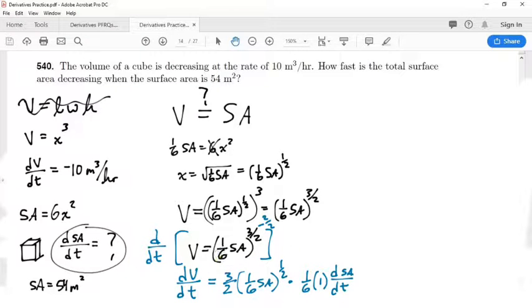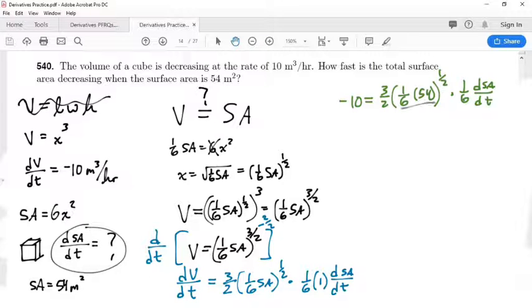All right, so let's plug everything in. We have negative 10 equals 3 over 2 times 1/6 times SA, which is 54, and then we take the square root of that. That's what 1/2 means. Times 1/6 dSA over dt.